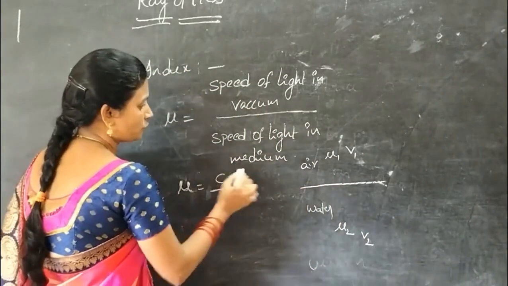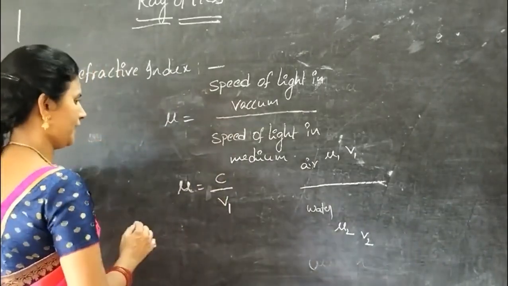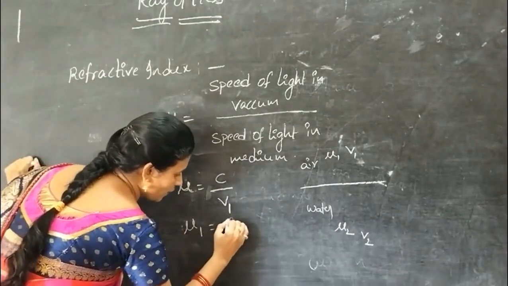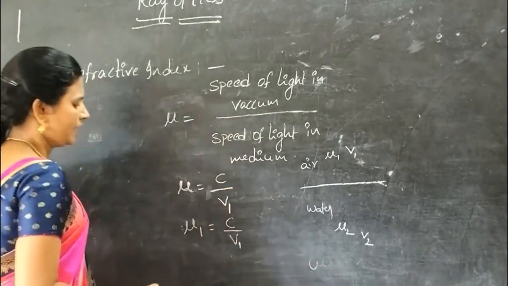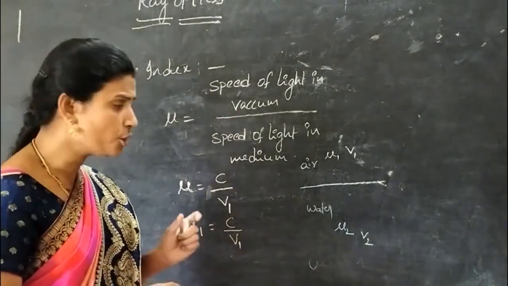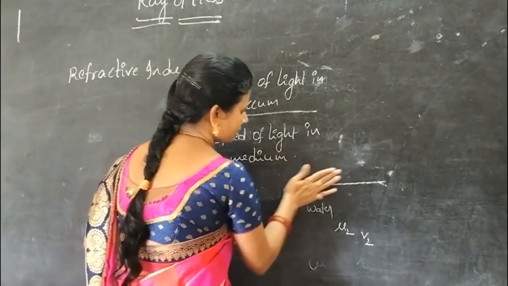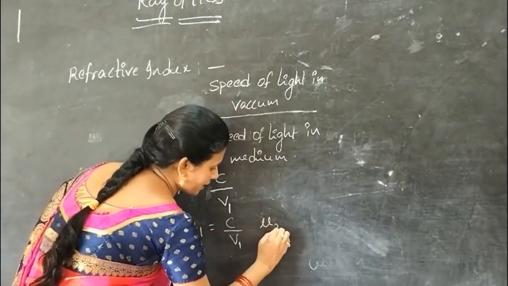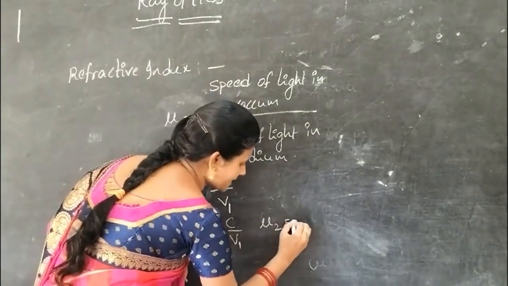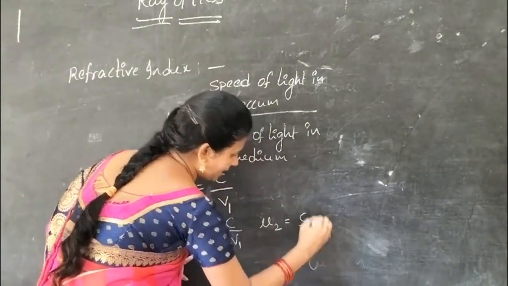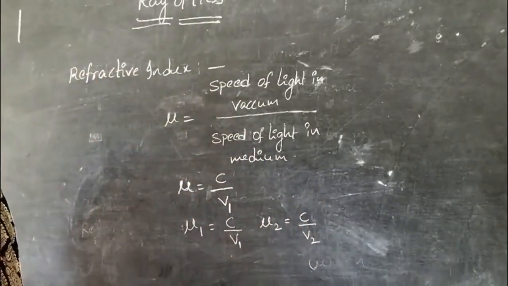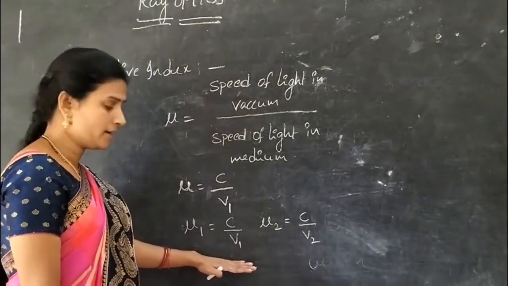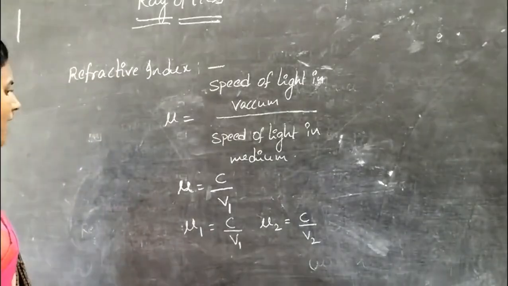For the air medium, the refractive index is mu1 and the velocity is v1, so mu1 is equal to c by v1. In the water medium, the refractive index is mu2 and the velocity is v2, so mu2 is equal to c by v2.